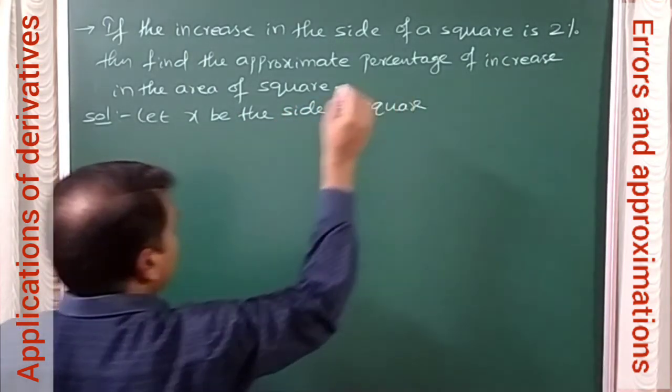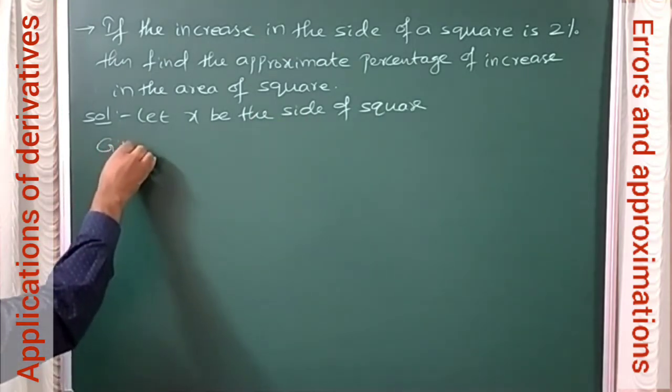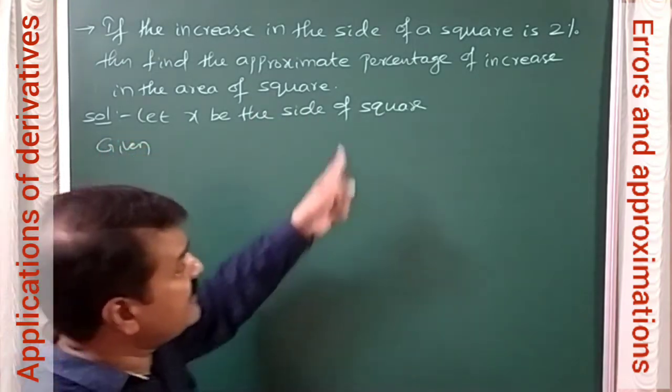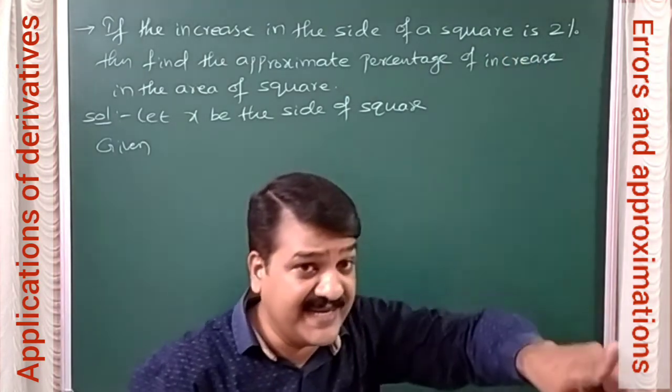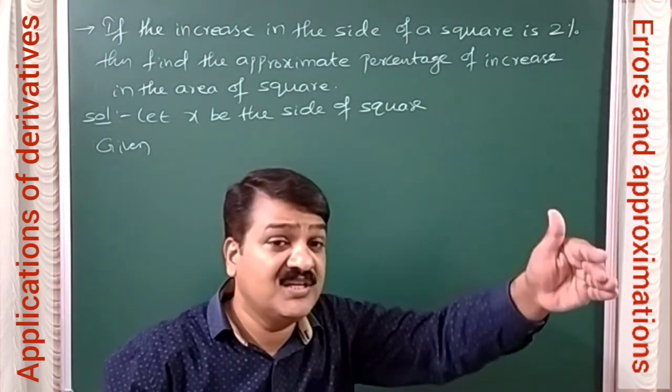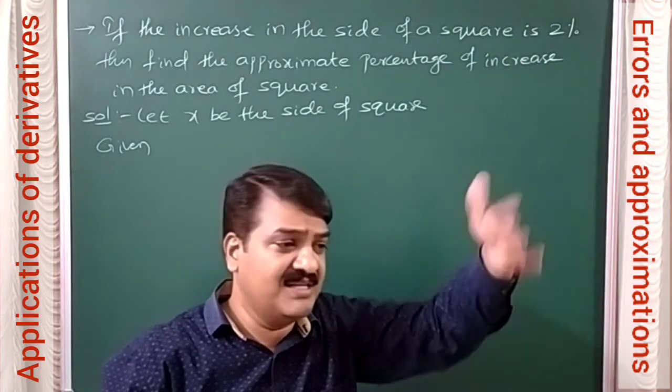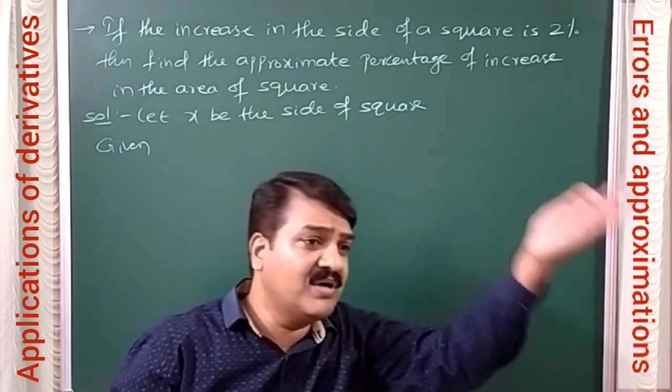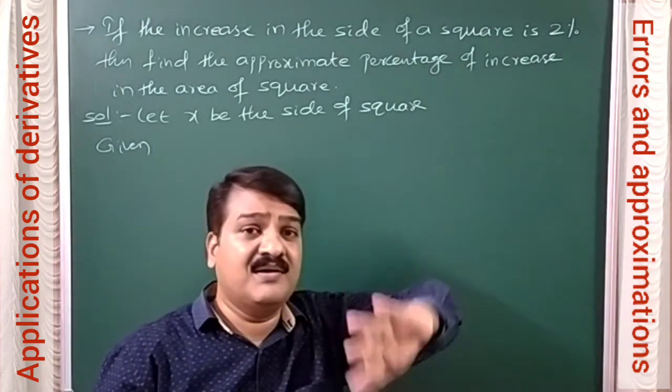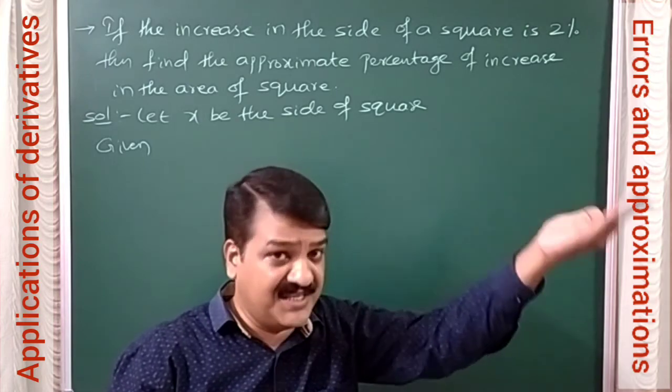Okay, so what they have given is the percentage increase in the side. Percentage increase or error. Increase means the difference between the original value and the value after the increase.